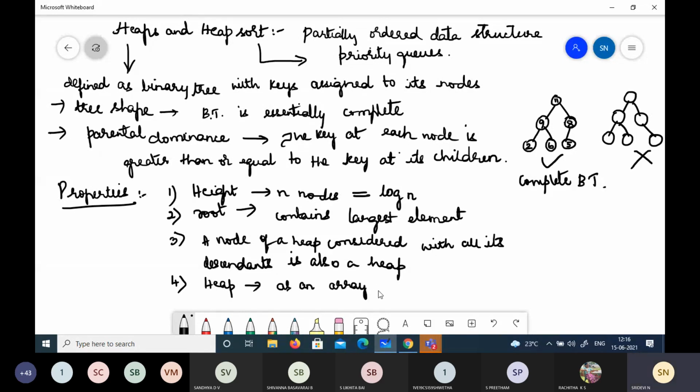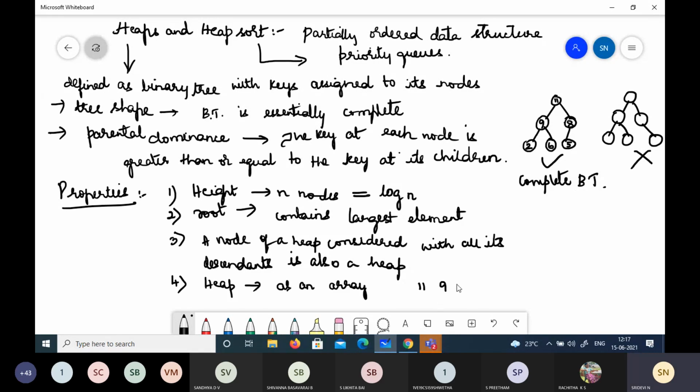How do you place it in an array? You record the elements in a top-down approach and from left to right. If you want to record this tree in the form of an array, I'll just show you how we'll write. Very simple. We'll write 11 first, then we move down and to the right, left to right.